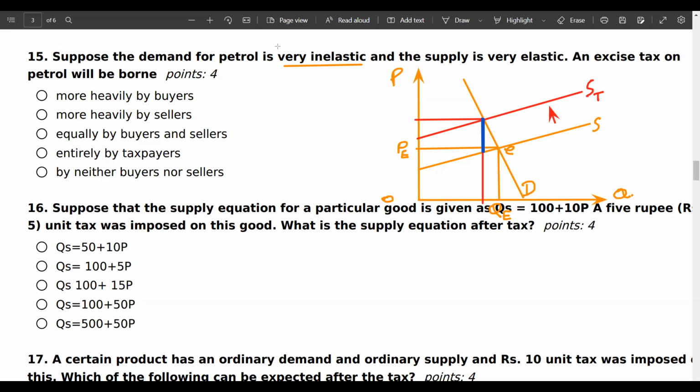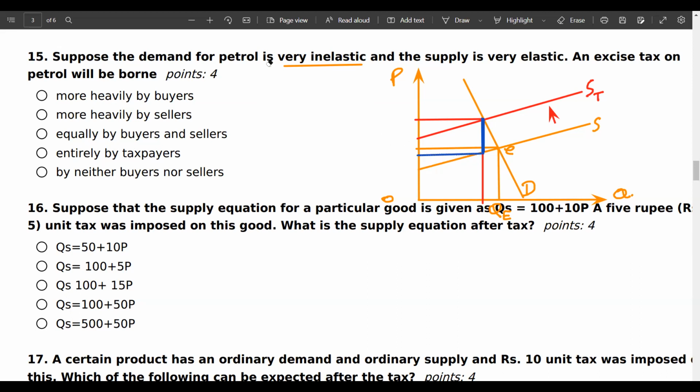And if you take that tax amount now, the burden of the tax is actually paid by two parties.